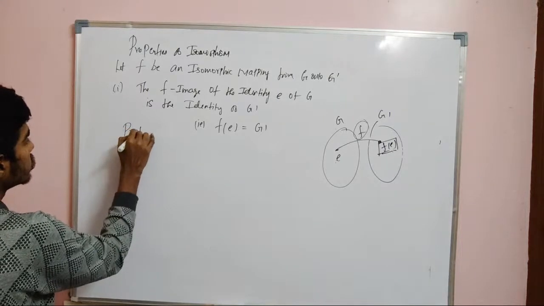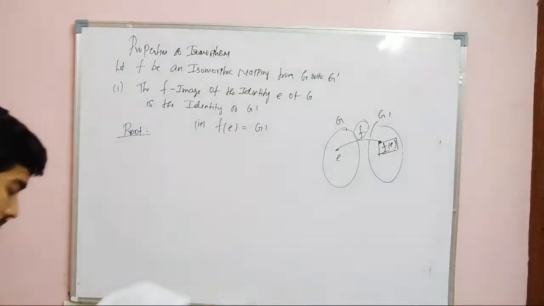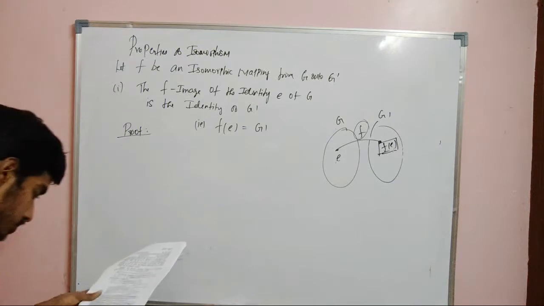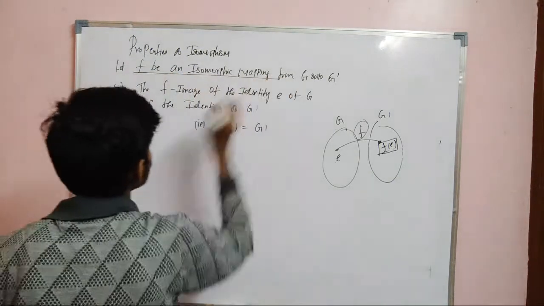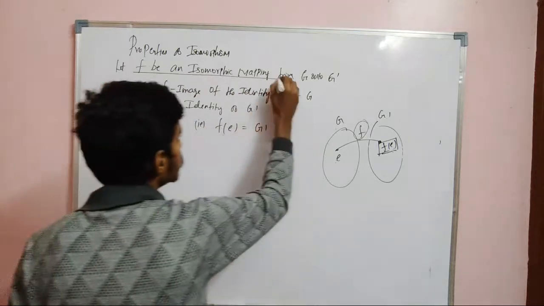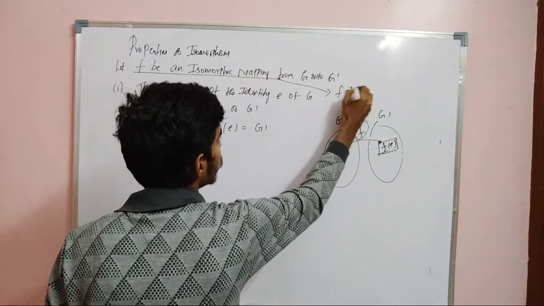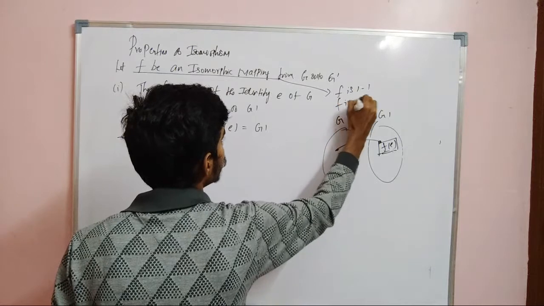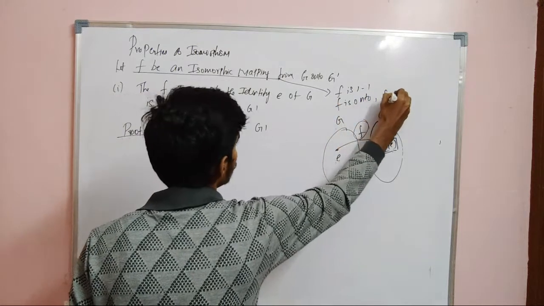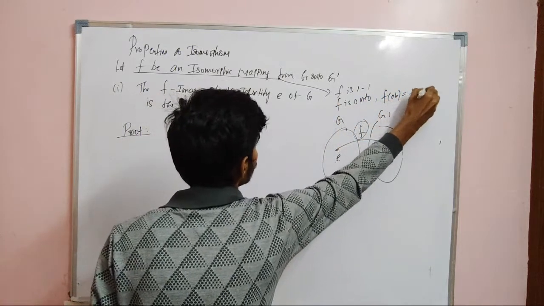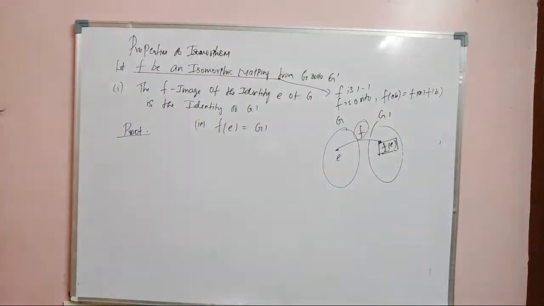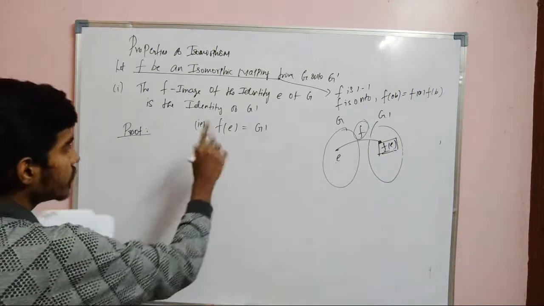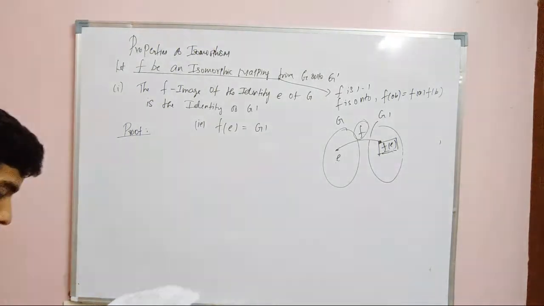So proof. Already they have given that F is an isomorphic mapping. From this we can say F is one-one, F is onto, and F of AB is equal to F of A into F of B. These three conditions are already in our assumptions. Now we have to prove that F of E is the identity of G dash.